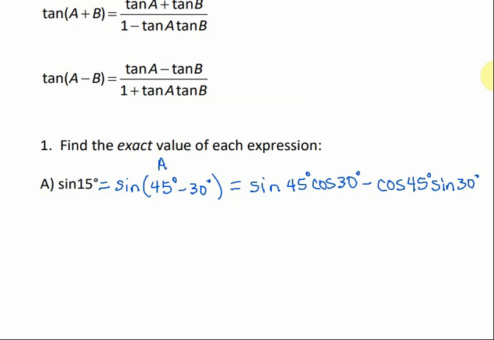Okay, so this was my A and this was my B. All right, now we're going to replace those with their values.